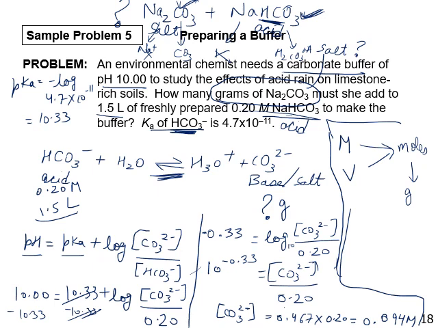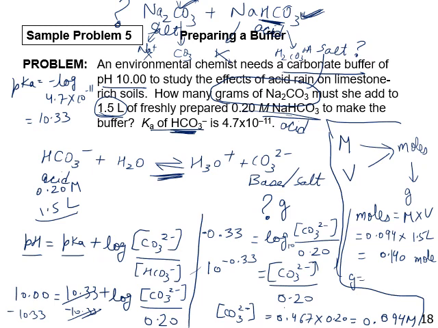Volume, I know I need 1.5 liters. So I can find moles. Moles will be molarity times volume, 0.094 multiplied by 1.5 liters. In liters, remember, that would give you the moles, which is 0.140 or 0.14 moles.